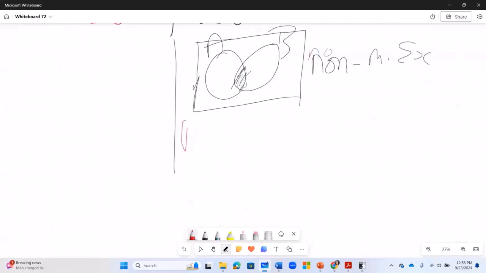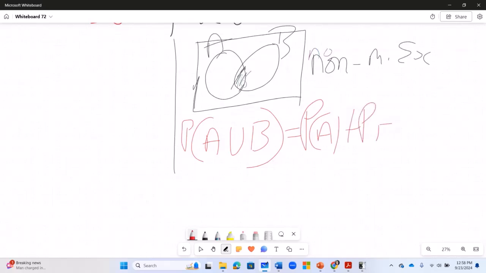The probability of A union B in a non-mutually exclusive event is equal to the probability of A plus the probability of B minus the probability of A and B, its intersection.